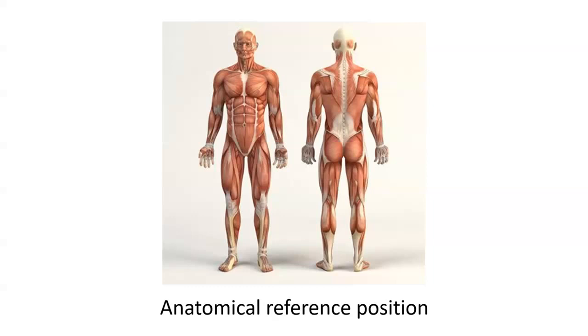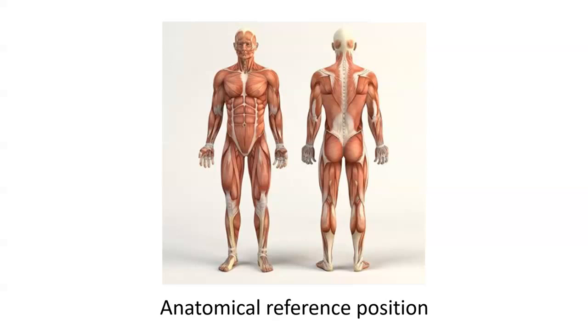If you put your hands up above your head, your fingers are superior to your wrist. So to prevent any confusion of this kind, when we are referring to the position of a body part, we describe that body part assuming it is in, or it has started from, this anatomical reference position.